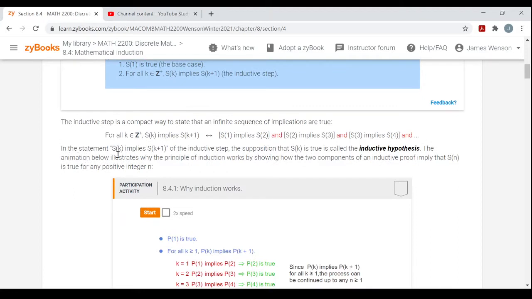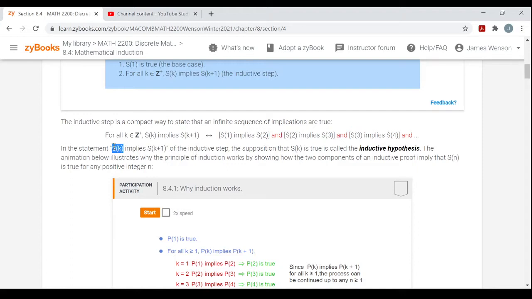In the statement S(k) implies S(k+1) of the inductive step, the supposition that S(k) is true is called the inductive hypothesis. So, remember, when you're trying to prove P implies Q, or if P then Q, you assume P is true, and then, through a series of steps, lead to Q. This is going back to chapter 2.